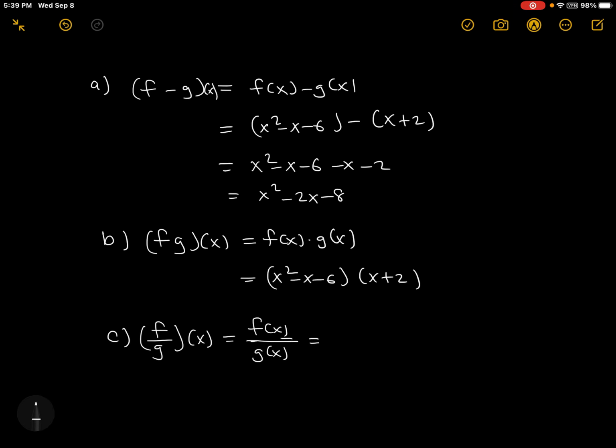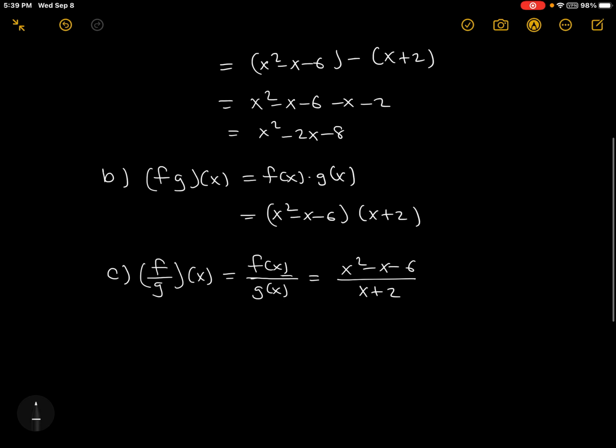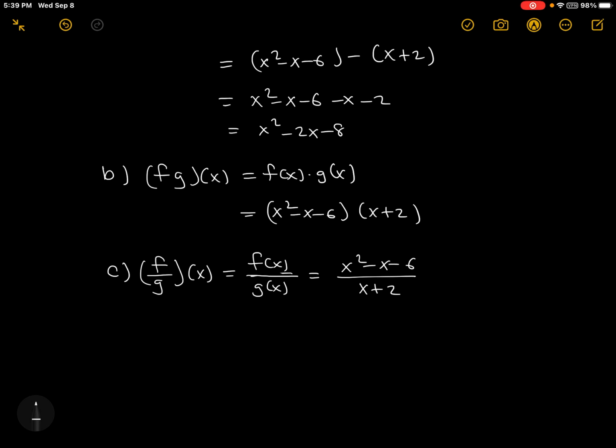Okay, so my f of x is x squared minus x minus 6, and my g of x is x plus 2. If you want to factor this, you can. It's x minus 3 times x plus 2, and actually ends up canceling out. But for convenience's sake, I'm not going to simplify this any further. Okay? I'm just going to leave it like this.